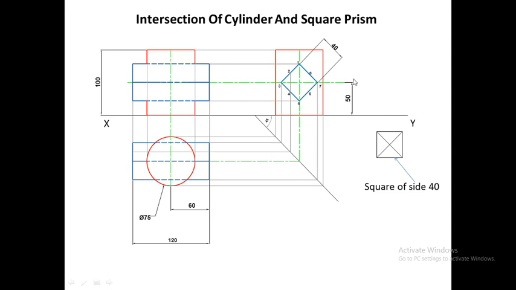So first we have projected point 2 and point 4 in the top view. Point 3 is also projected in the top view. Now point 1 and 5 are also projected with the help of the center line. Now we will project the next points, that is point number 8 and point number 6.